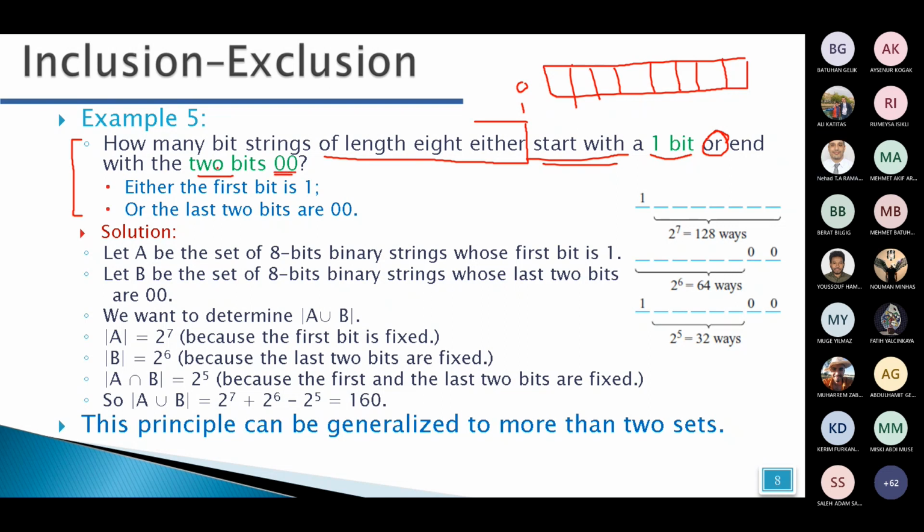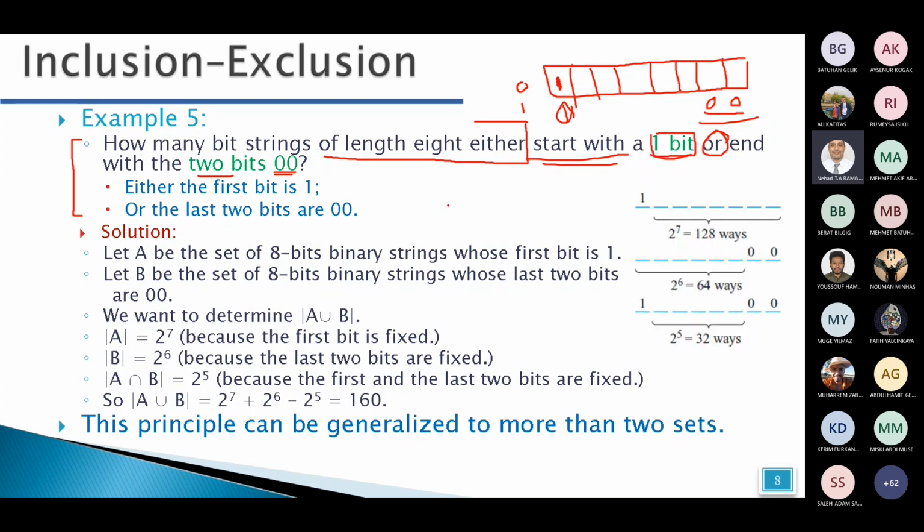So how many bit strings of length 8 either start with 1 or end with 0, 0?